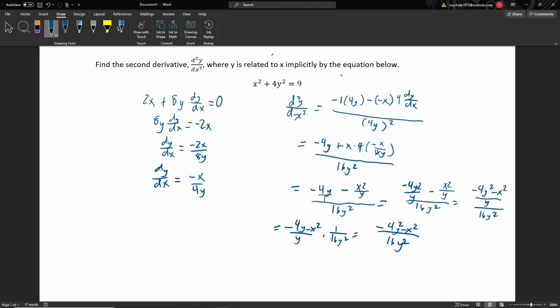This means that negative x squared minus 4y squared equals negative 9. And that's what we have here, because negative 4y squared minus x squared is the same thing as negative x squared minus 4y squared. So that is equal to negative 9. So this would be negative 9 over 16y cubed. That would be the second derivative of this function using implicit differentiation.